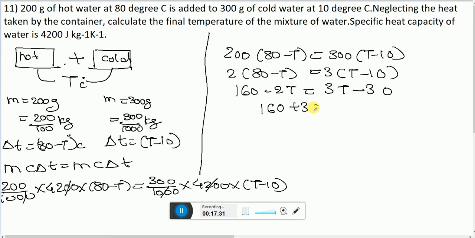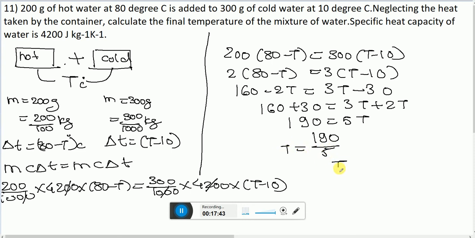Transposing 30 here and 2T on the right hand side, we get 190 is equal to 5T, which is equal to 38 degrees centigrade.